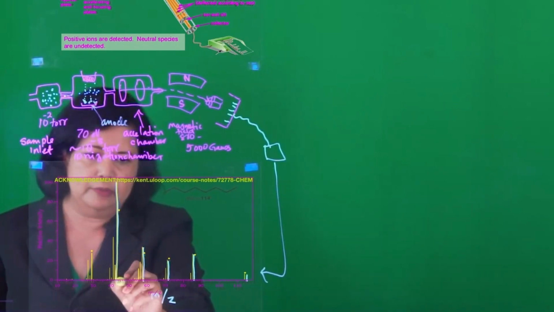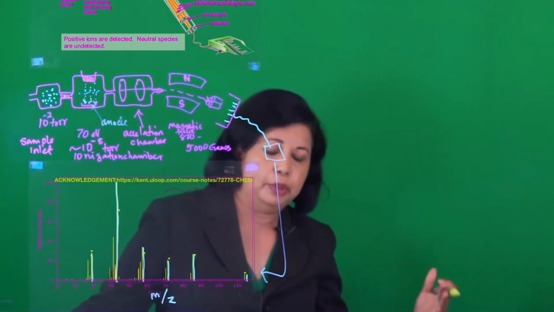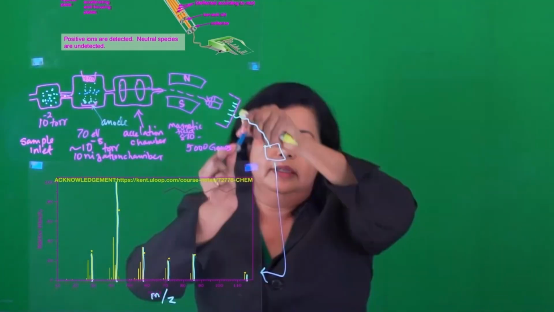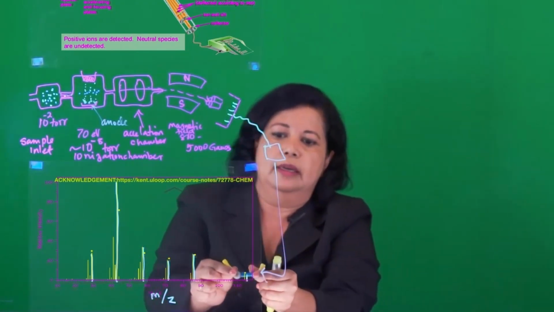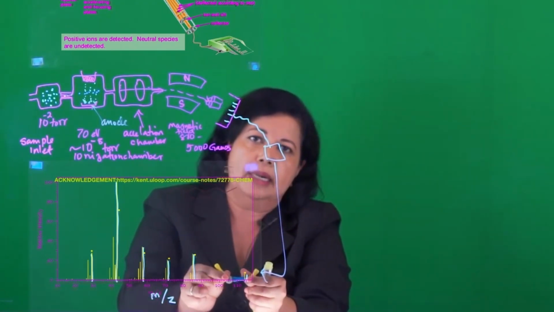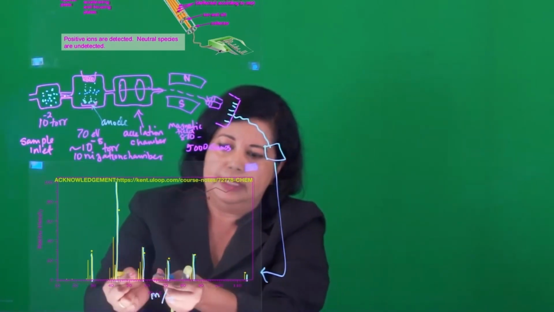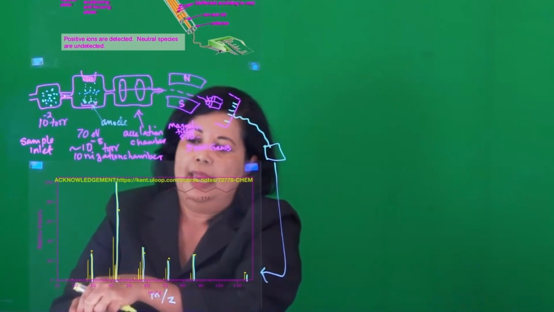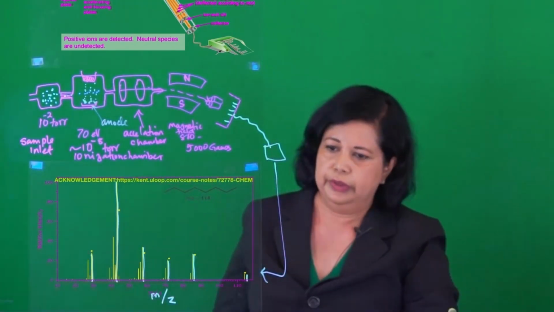So whatever the mass, that number that you see is the AMU weight of that fragment. If the molecule came out and it has all of its parts, that would be the molecular ion peak. These are going to be fragments. And the lowest one you can have is a proton, which is very, very rare that you see.